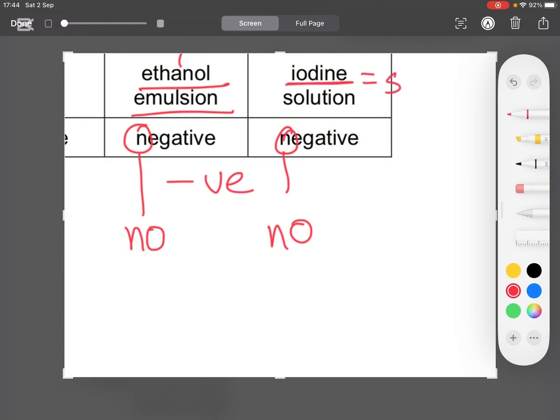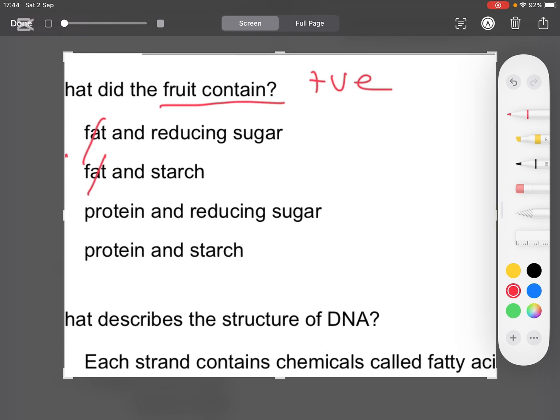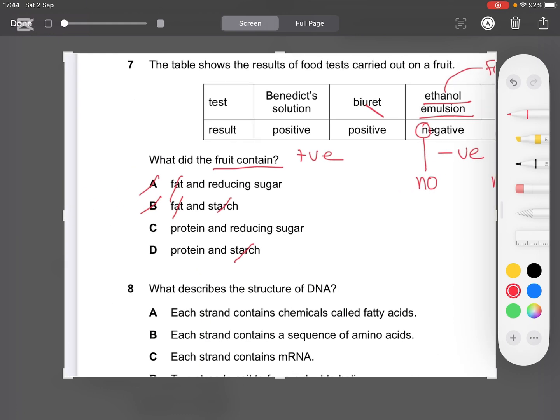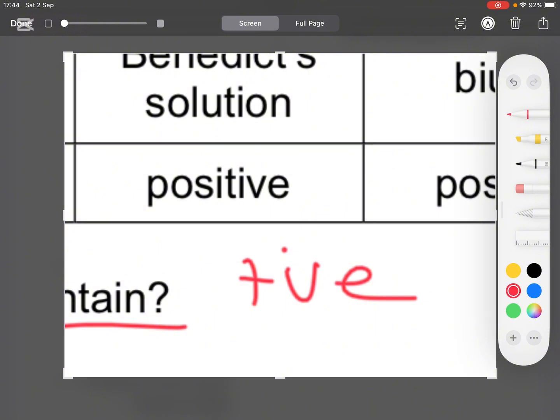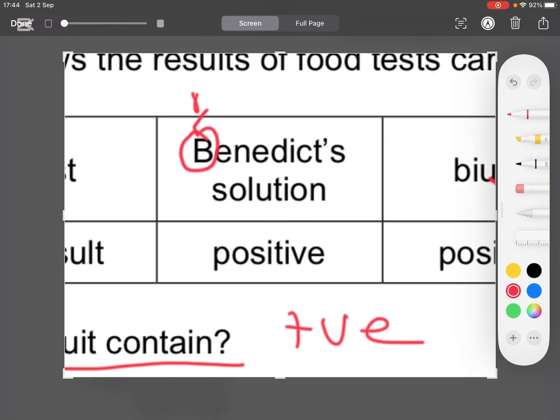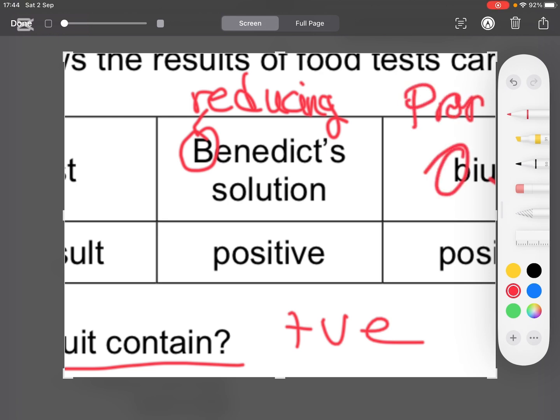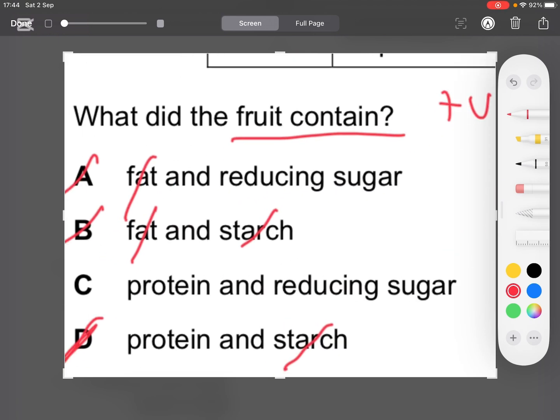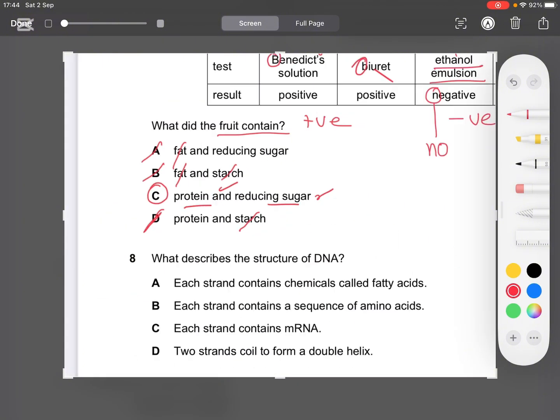Iodine was for starch. So no starch as well. So it's basically C, but let's check. Benedict's test is for reducing sugars, and Biuret is for protein. So protein and reducing sugars, as we said, both of them are correct. It's letter C.